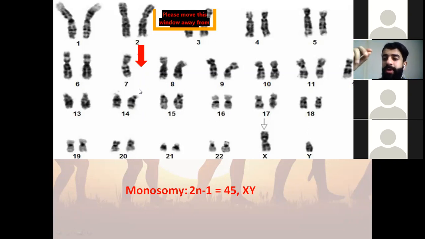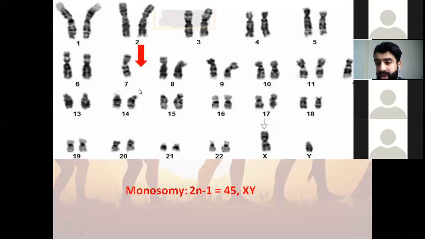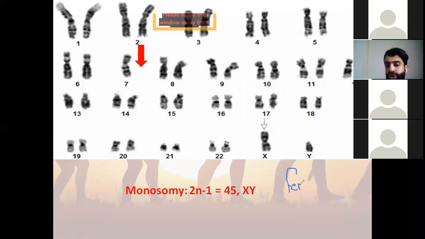Pay attention. Whenever the abnormality affects the autosomes, this means that this individual has no problem in fertility. It's fertile, meaning that it can give birth to children. That's why it's called a fertile individual.